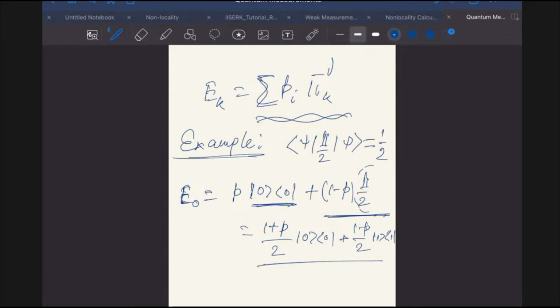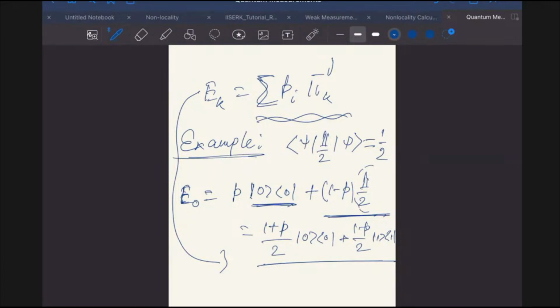This is the very familiar form of spin POVMs. So see, these are the same form. Is this example clear? Here you have taken a very particular example where P1 is equal to (1 plus p) by 2 and P2 equals (1 minus p) by 2.